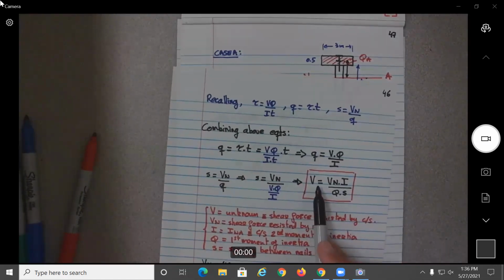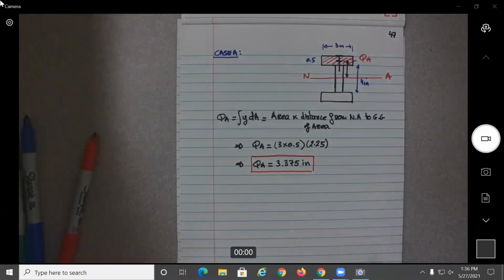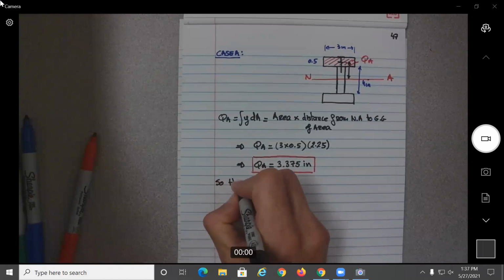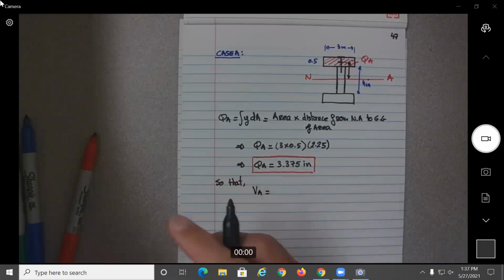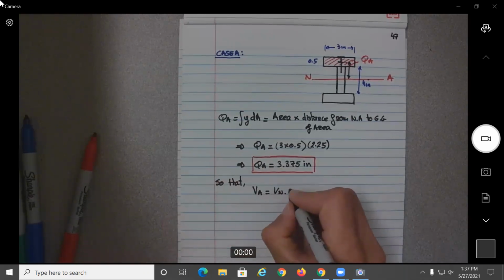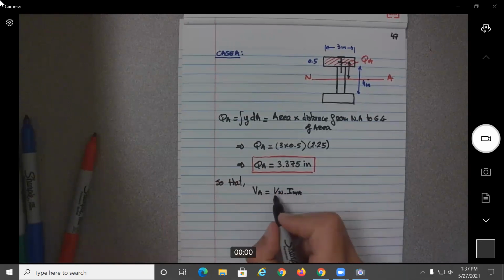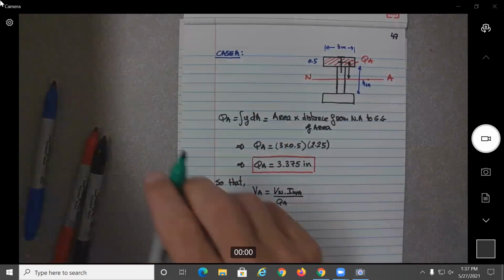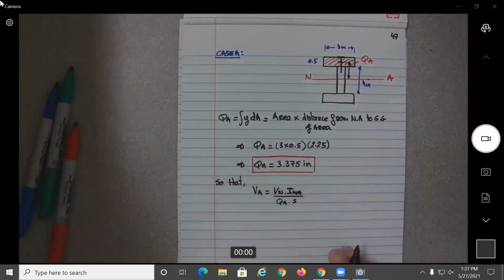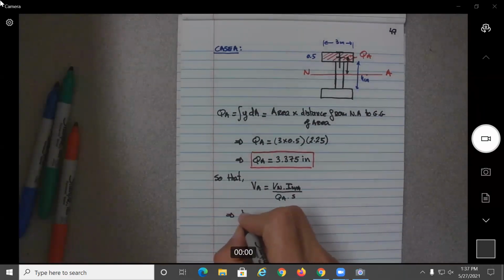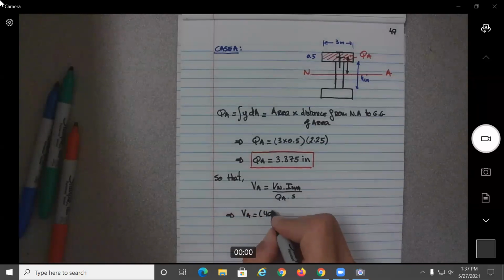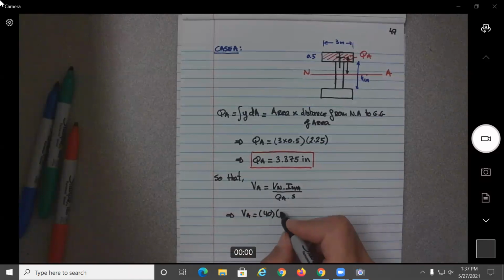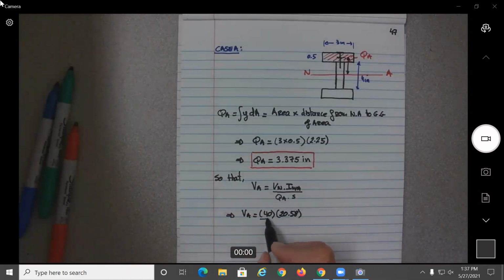Okay, so recalling this equation here, we have that V for case A will be equal to V nail times I of the neutral axis divided by Q sub A times S. So if we do the numerical application, this gives you V sub A equal to 40 times 20.58 divided by 3.375 times 9.